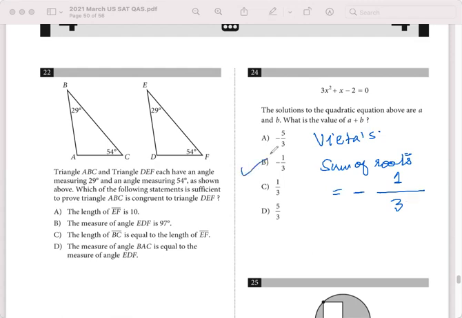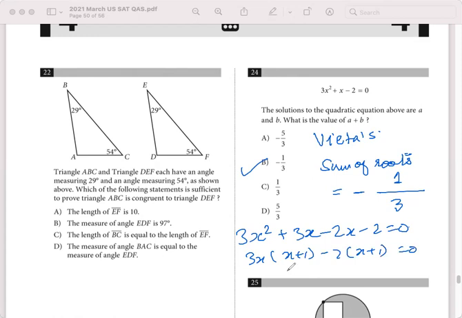You don't have to use this Vieta's rule. You can actually solve this. And so let's try and solve this. So 3x squared plus 3x minus 2x minus 2 is 0. So 3x(x plus 1) minus 2(x plus 1) is 0. So (3x minus 2)(x plus 1) is 0.